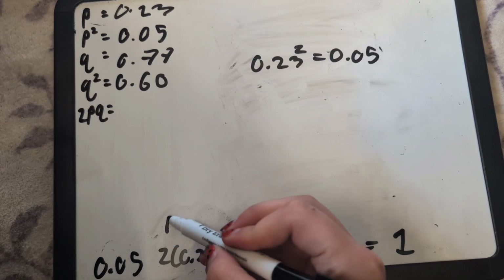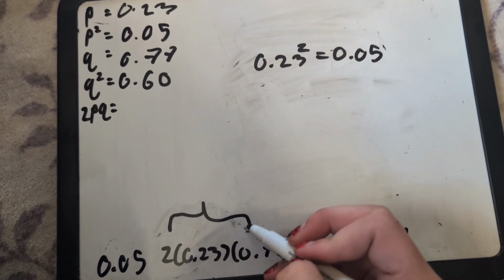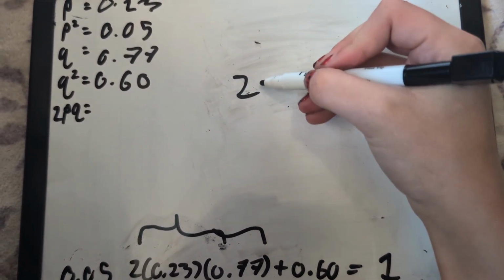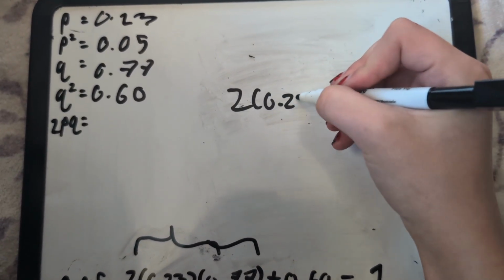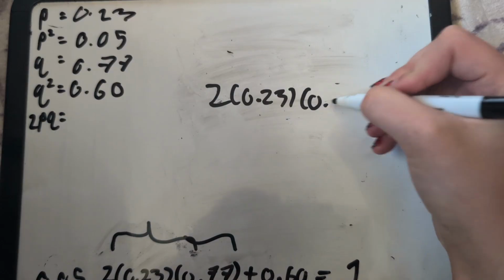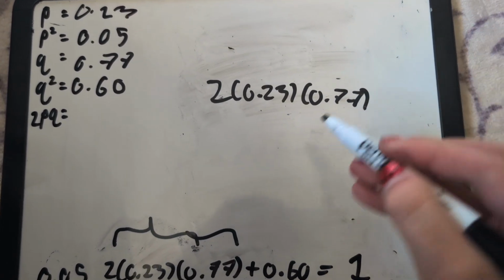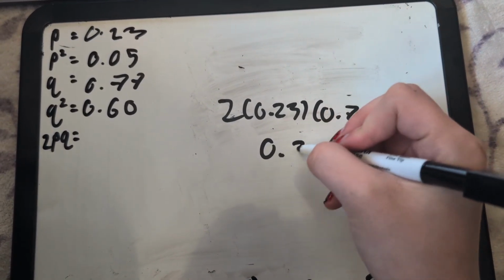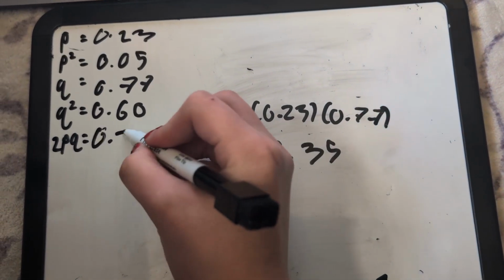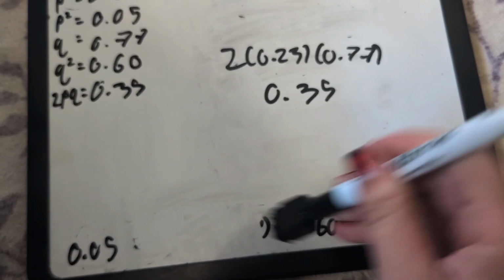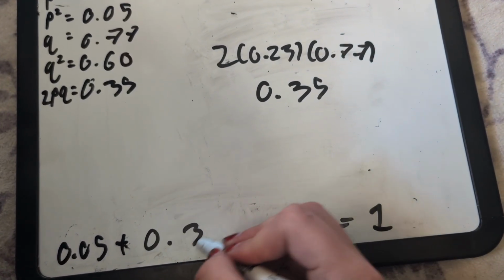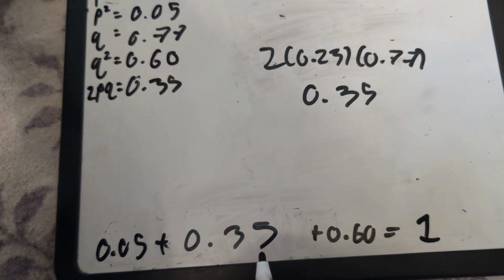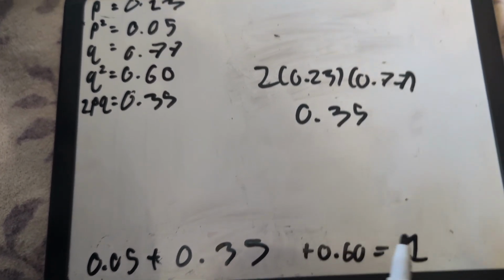The only thing left to find is 2pq, which is written as it said, 2pq, or pq twice, which is equal to 0.35. Which is correct. 0.05 plus 0.35 plus 0.60 equals 1.